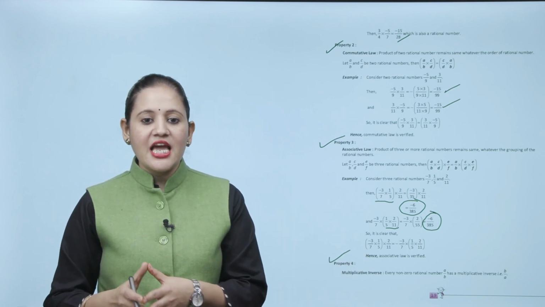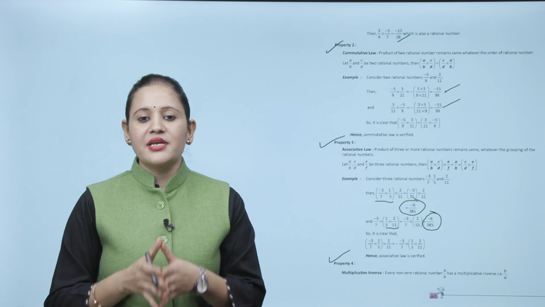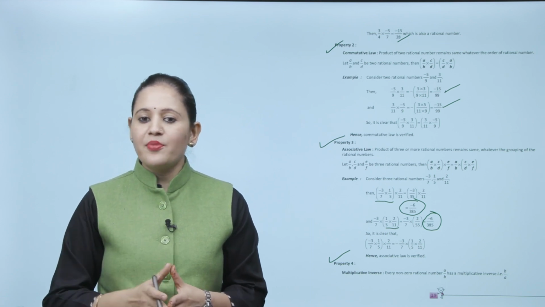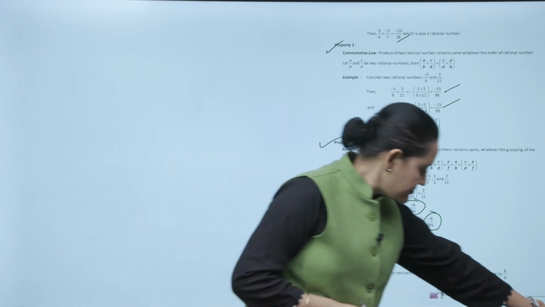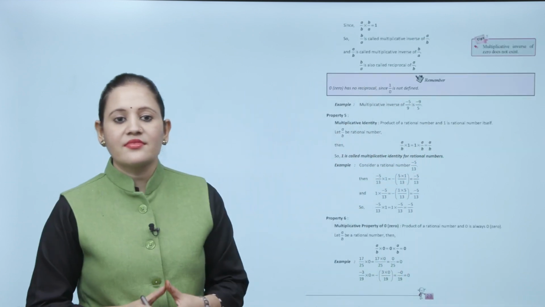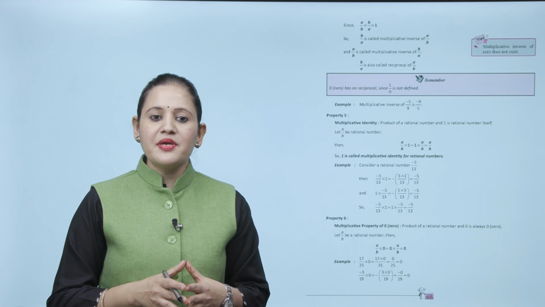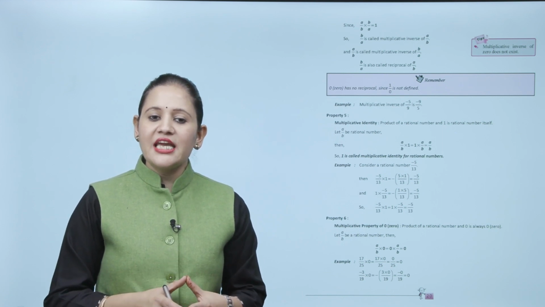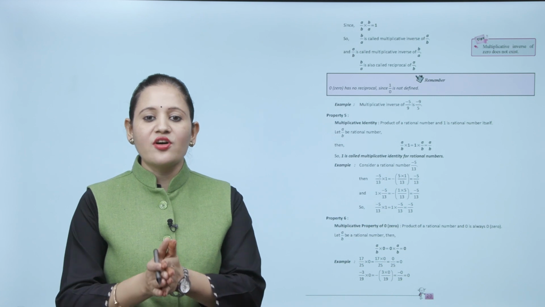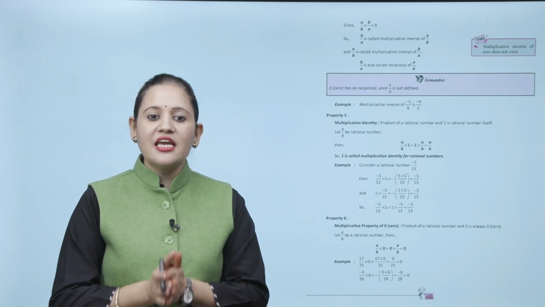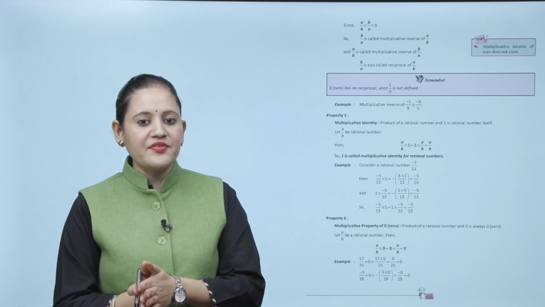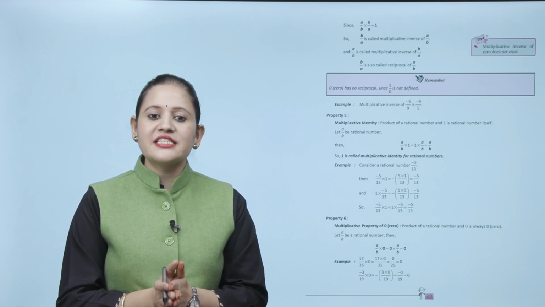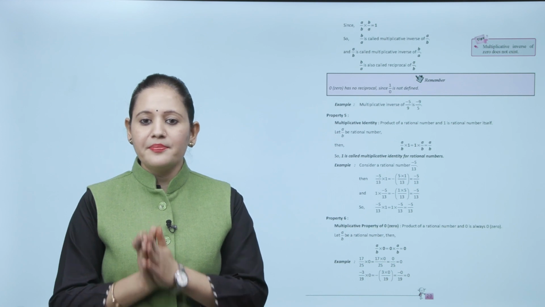multiplicative inverse. Every non-zero rational number a upon b has a multiplicative inverse, that is b upon a. Since a upon b multiplied by b upon a equals to 1, so b upon a is called the multiplicative inverse of a upon b, and a upon b is called the multiplicative inverse of b upon a. b upon a is also called the reciprocal of a upon b.